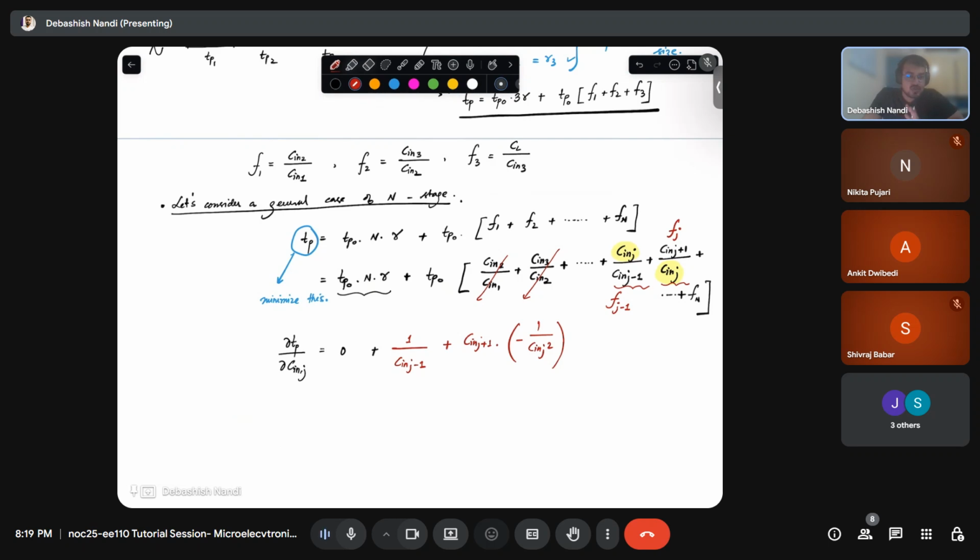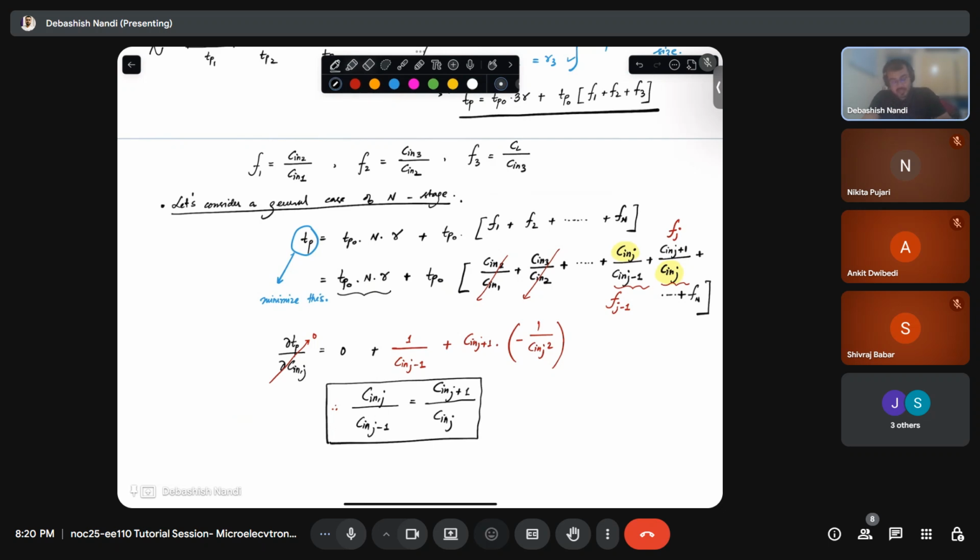All other terms are 0 because they do not have any C in j term. For minima this is 0, so can you see this relation coming out of this?